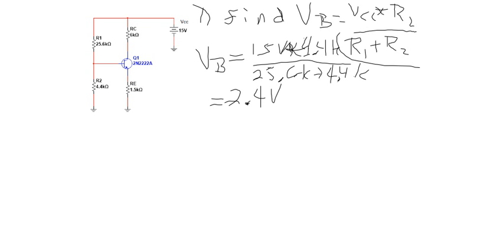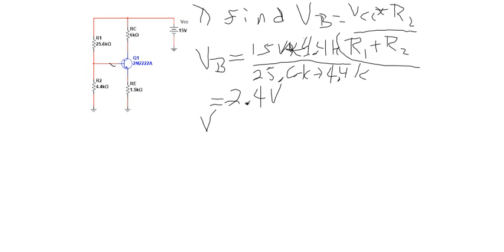Now, of course, that puts the voltage right here at the base. And since I do have more than 7/10 of a volt there at the base, that tells me that the VBE junction is forward biased, and that also is going to give me VBE. This would be step 2, I guess.